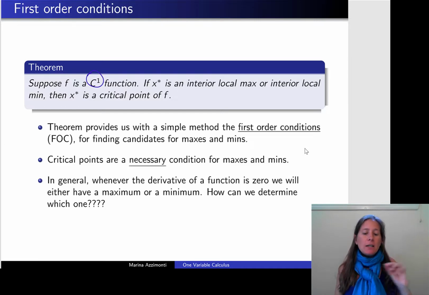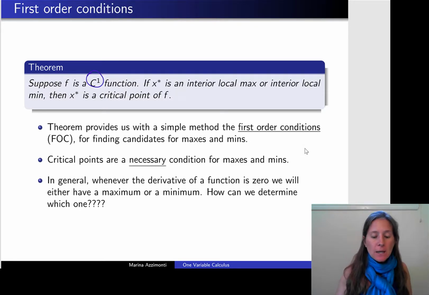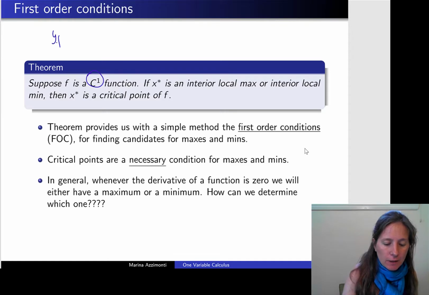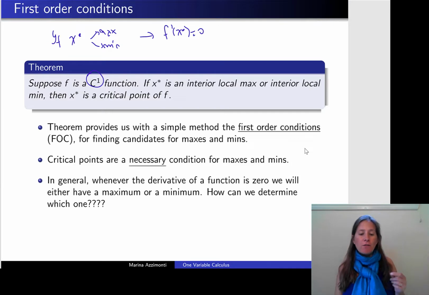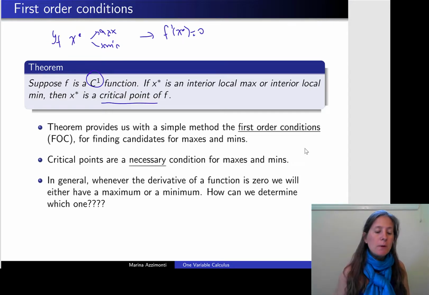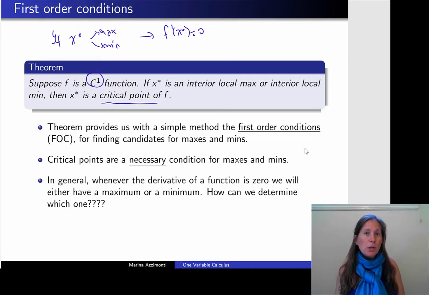If x star is an interior local maximum or an interior local minimum, then x star is going to be a critical point of f. Meaning that if x star is either max or min, then the derivative of the function at x star is going to be exactly equal to 0. Because remember, that's our definition of a critical point.